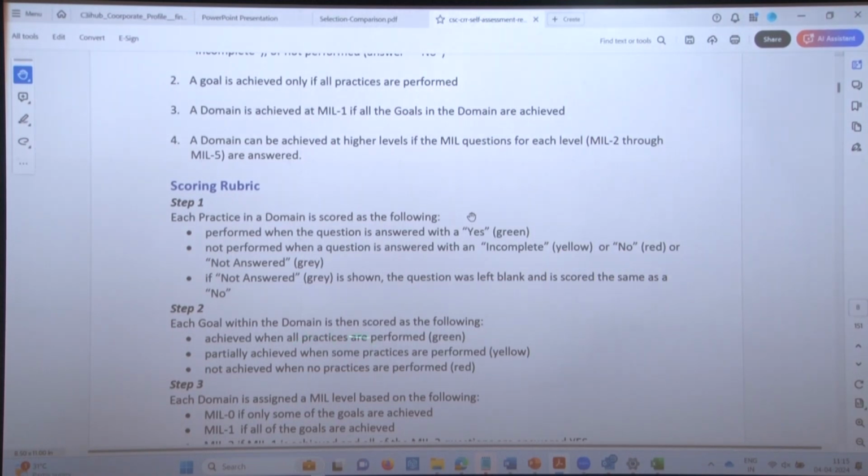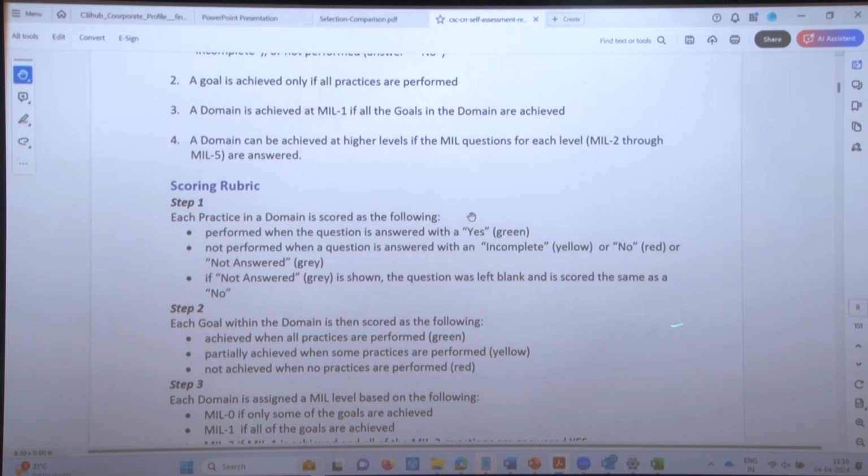So this is for individual practice. Individual practices can be colored green, yellow, red or gray, and then you can say what the overall domain's performance is. If all practices are performed, then only the domain gets green.